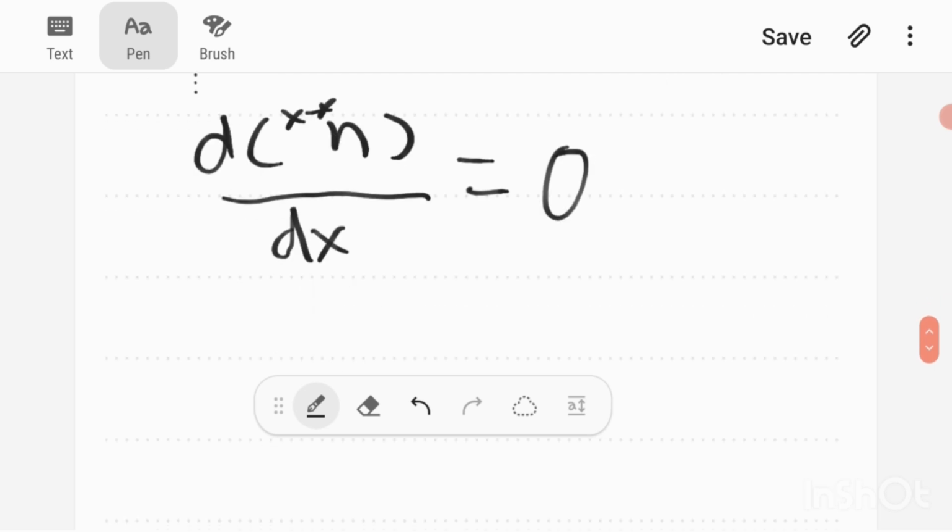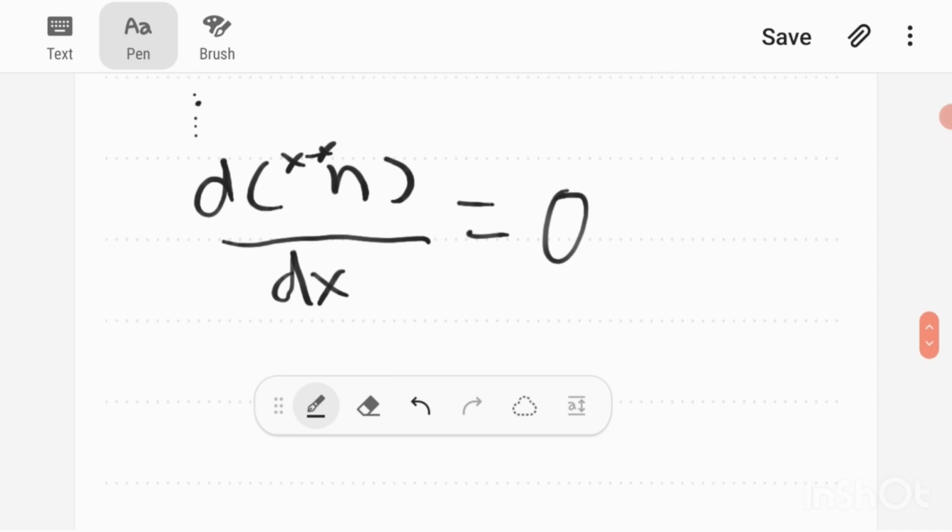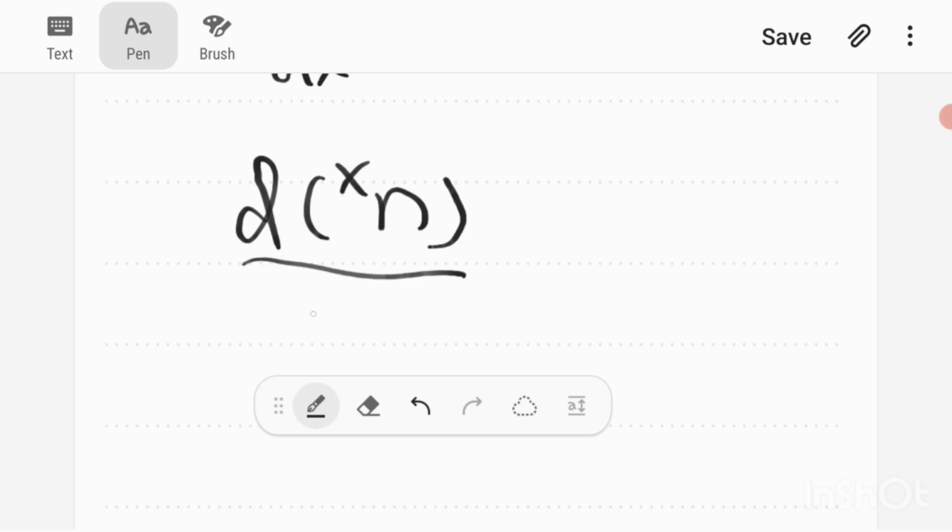Now let us focus on the first part of the recursive derivative, which is we had ln of n. For the first time you unroll the recurrence, and then when we see for n minus 1, we find another ln of n for d of n tetrated to x dx.